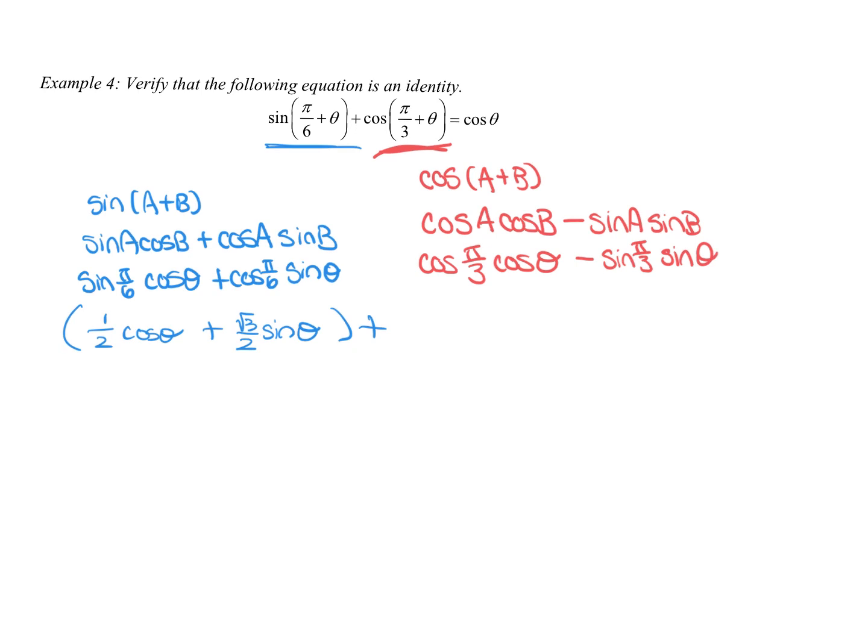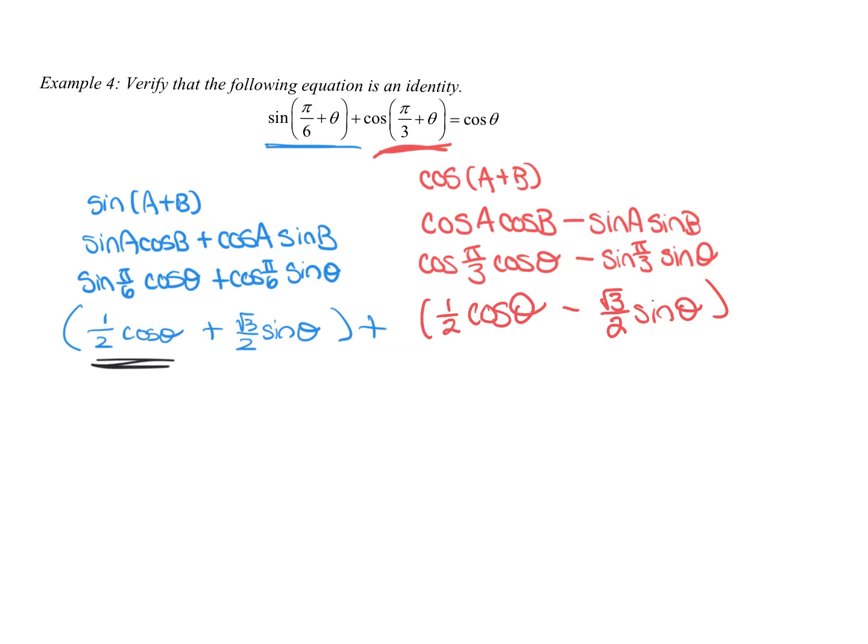Cosine of pi over 3 is 1/2 cosine theta minus root 3 over 2 sine theta. So I don't really need the parentheses. I can drop them because I'm just adding in the middle.